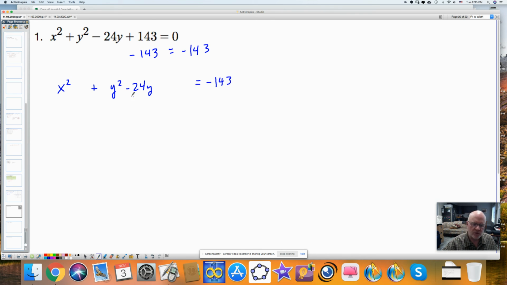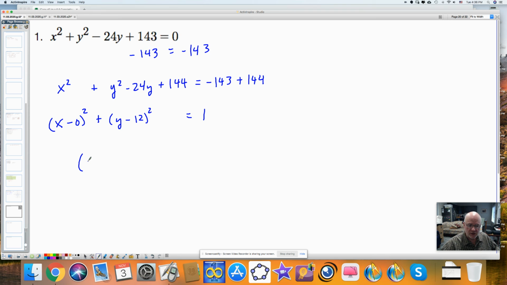Half of negative 24 is negative 12. When you square it, you get 144. Anything I do to the left side of the equation, I do to the right, so I will add 144 to this side of the equation. And now I have x, if you want to write it x minus 0, you could. X minus 0 squared plus y minus 12 squared, that's half of this number, is equal to 1.